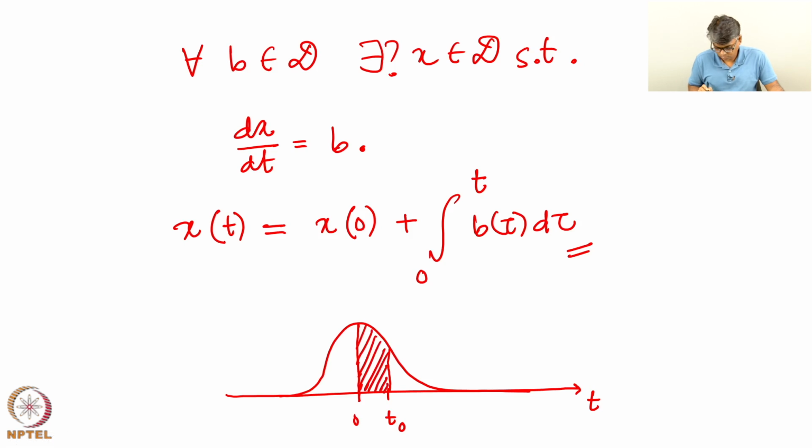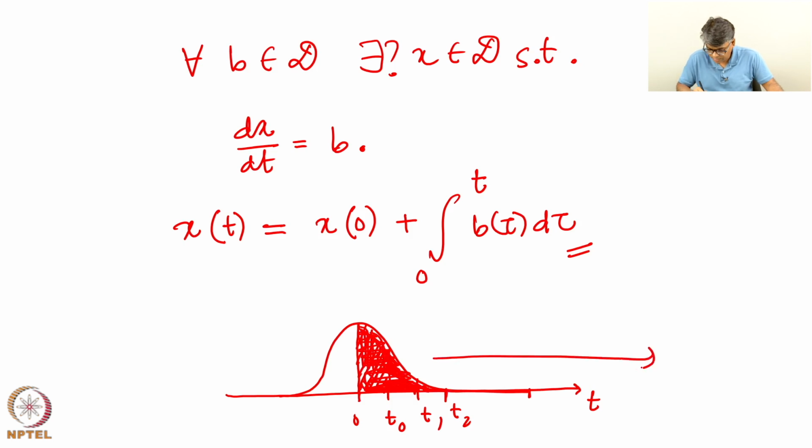At t1, the value of the integral will be this shaded region. At t2, which is at this boundary, it will be the area of this region. And then from beyond t2, wherever I go, it will still be this constant, no?